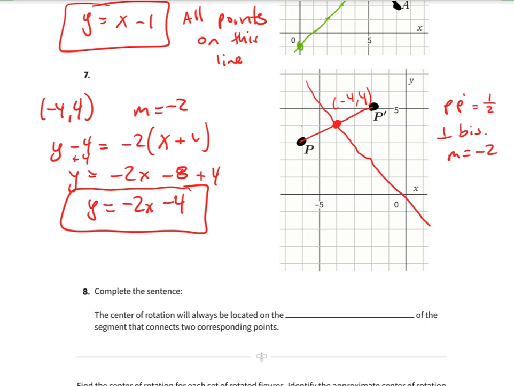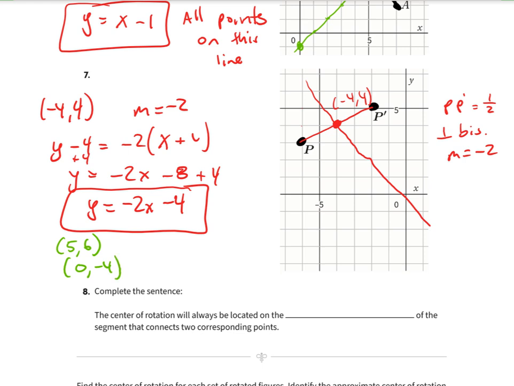So we can go ahead and plug in any value we want for x. Let's try x equal to, say, negative 5. Plug in negative 5, we get positive 6. So we get negative 5, 6 would work. If we plug in x is, say, 0, we get negative 4.